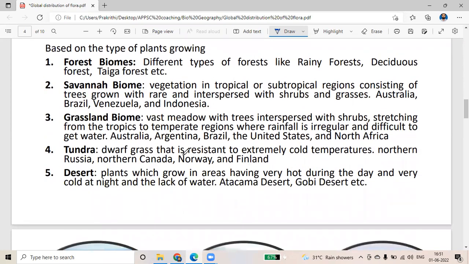Then the desert area. In the desert area also, the plants face a lot of challenges, like too much insolation in some places and too much dryness. Too much dryness means that is the desert region, where there is a lack of water. For plant growth, water is very essential, but a desert cannot provide enough water.